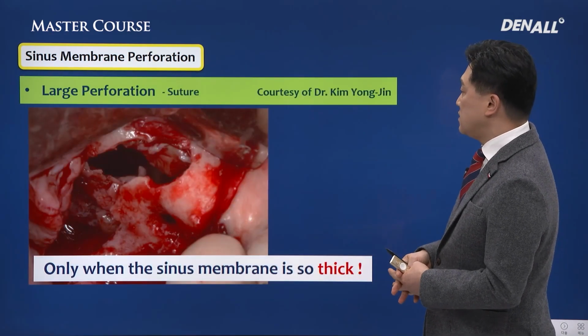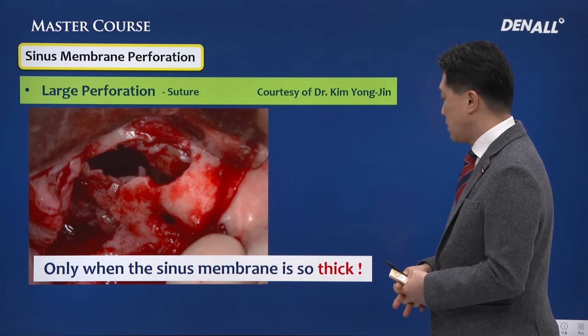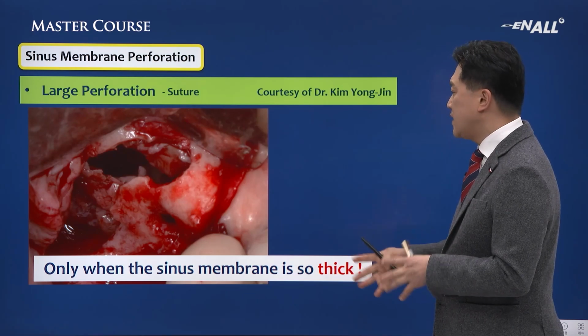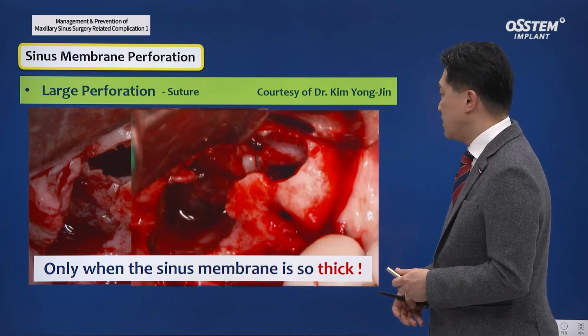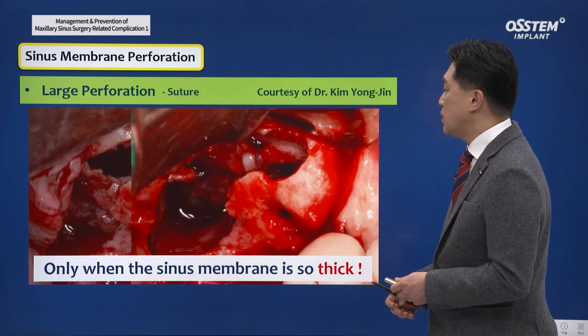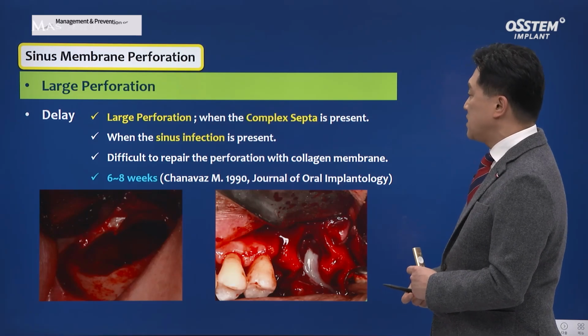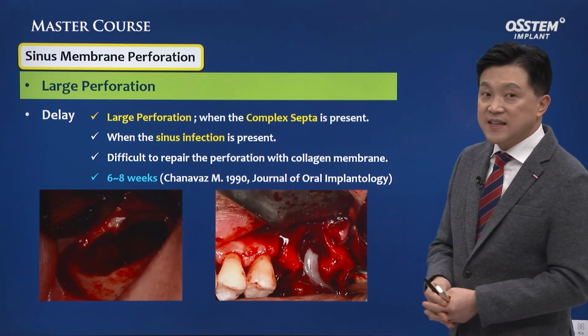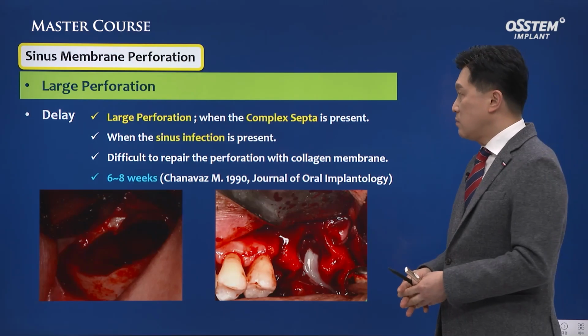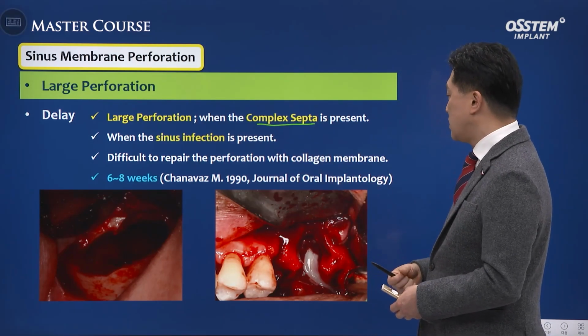Using suture for repair, personally, I've never tried it, but there was a case that Dr. Kim Yong-jin shared with me that involved suturing the perforated membrane. You can do this if the sinus membrane is very thick. The last method is to do a delayed method. You just wait. If there is a large perforation and if there is complex septa, then you can do septoplasty and wait for healing.